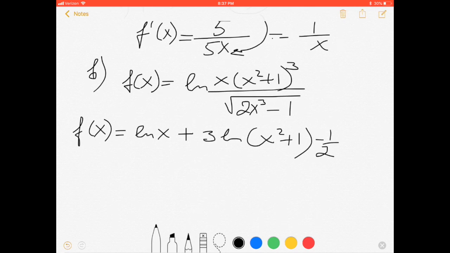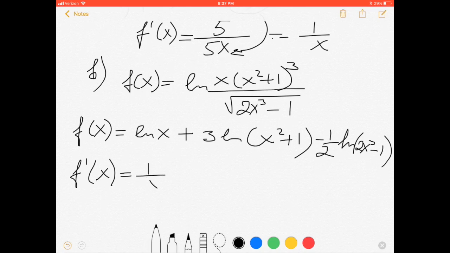Because we have a root here, the power is 1/2, so natural log of 2x cubed minus 1. After we simplify in this way, finding the derivative is not a problem. The derivative of natural logarithm of x is 1 over x.